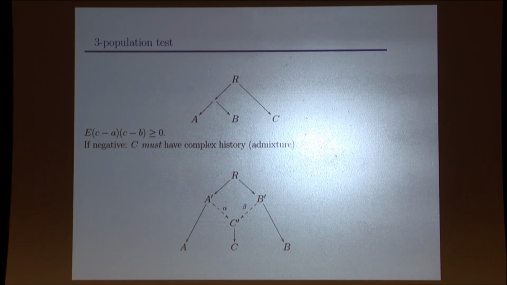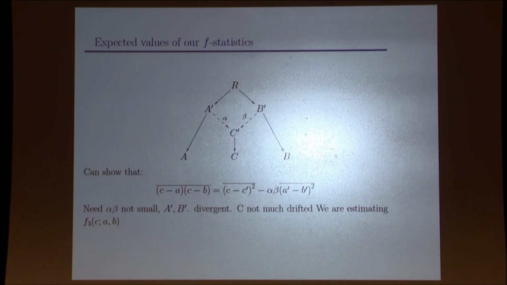So, anyway, here's a different model, not a tree model, in which you have a population C prime, which is an admixture with mixing weights alpha and beta, and then there's drift from C prime to C. When you think about this, it turns out that the expected F3 statistic has a term (C minus C prime) squared, which you kind of expect because that's the drift from the admixture event.